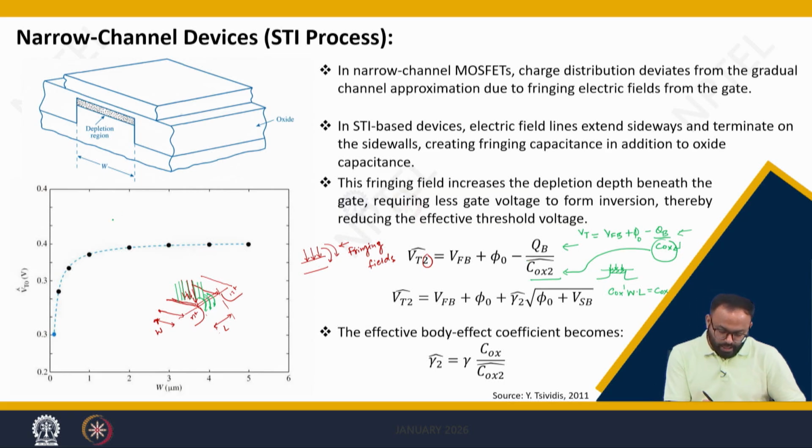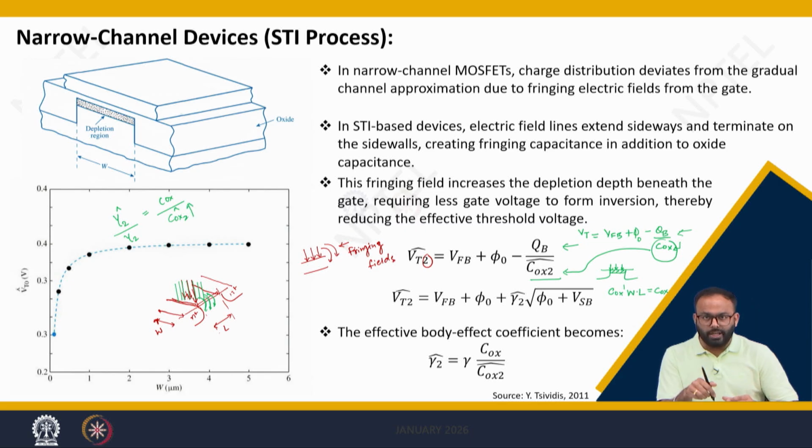And if we go back to find out the effect of this increase in the effective capacitance shared by the field lines on the body effect coefficient, then we will find gamma 2 bar by gamma 2 is equal to COX divided by COX 2 cap. So, if the sharing capacitance by the gate field lines increases, then gamma 2 cap will be smaller than gamma. Ultimately, this will reduce the threshold voltage.